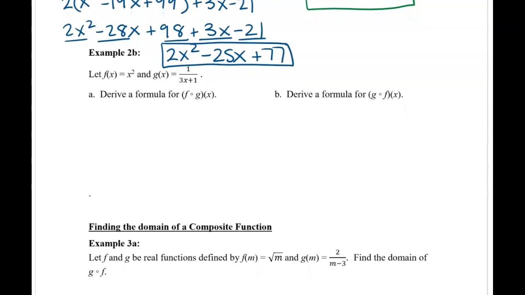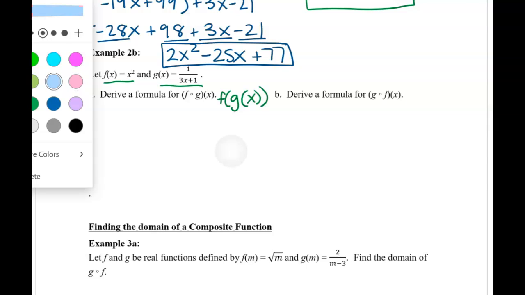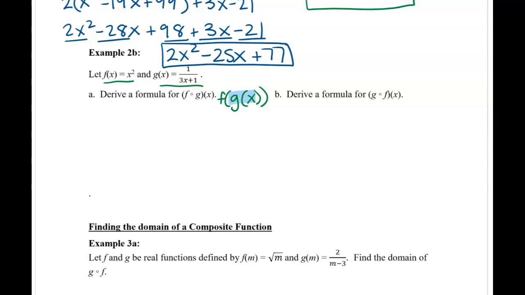Here's some more. Now f of x is x squared and g of x is 1 over 3x plus 1. So we'll derive a formula for f of g of x. Okay, so now f of g of x, so instead of g of x, we'll just put in 1 over 3x plus 1.